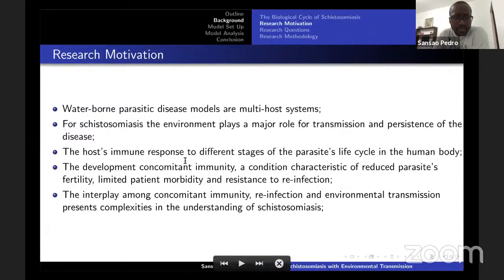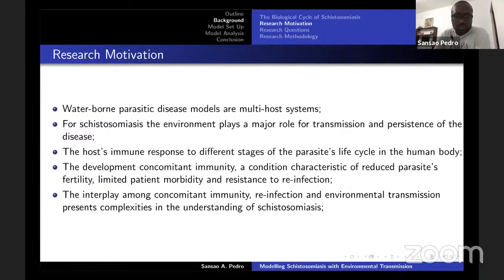And then the other thing about this disease is the host immune response. Here, when we say host, we mean the human, which is the main definitive host. And in this case, there is a phenomenon of concomitant immunity in which the human immune response is able to mount a response against the larval stages of schistosomiasis, but fails to effectively control the adult stage.